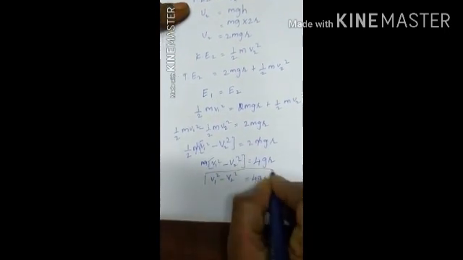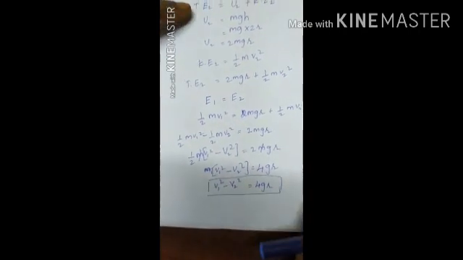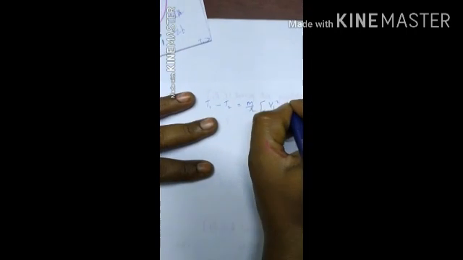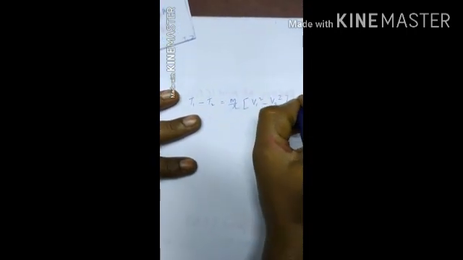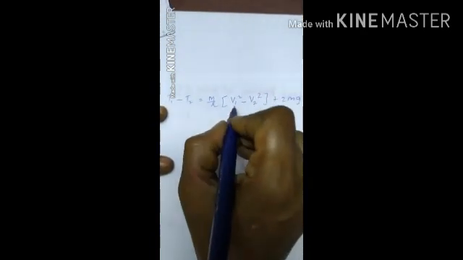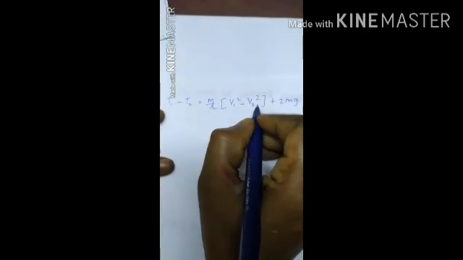Already we know the tensional force difference, T1 minus T2, should be equal to m divided by r into v1 squared minus v2 squared plus 2mg. Now we substitute the value of v1 squared minus v2 squared here.